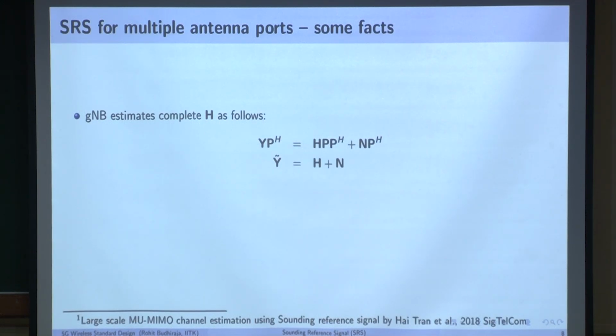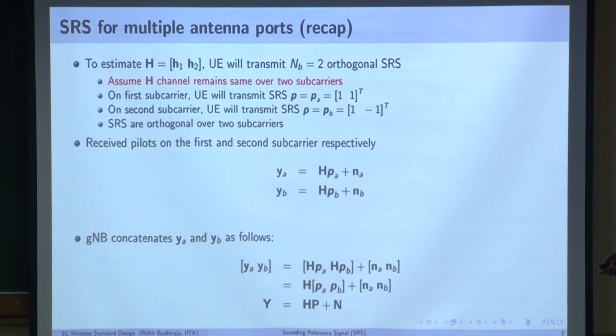The key assumption here is that H is constant over 2 subcarriers, and that's how you are able to pull it out from here, and you are using this orthogonality. P is an orthogonal matrix.